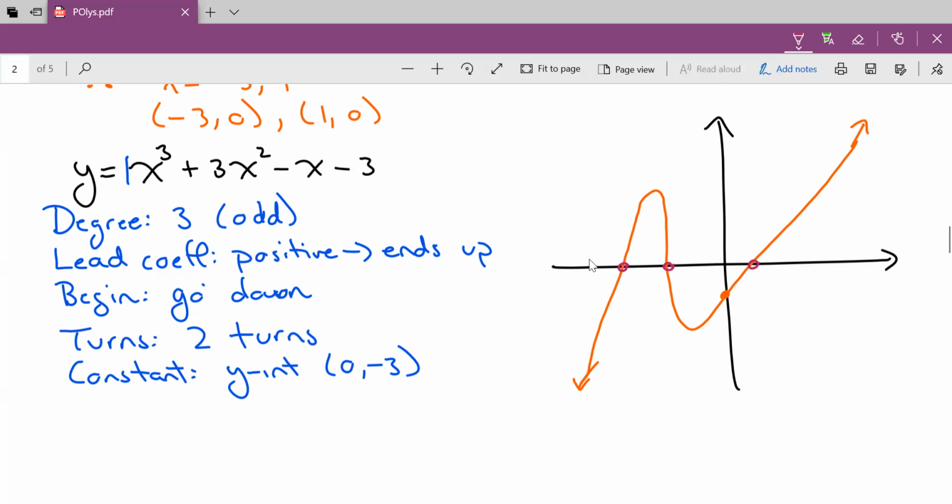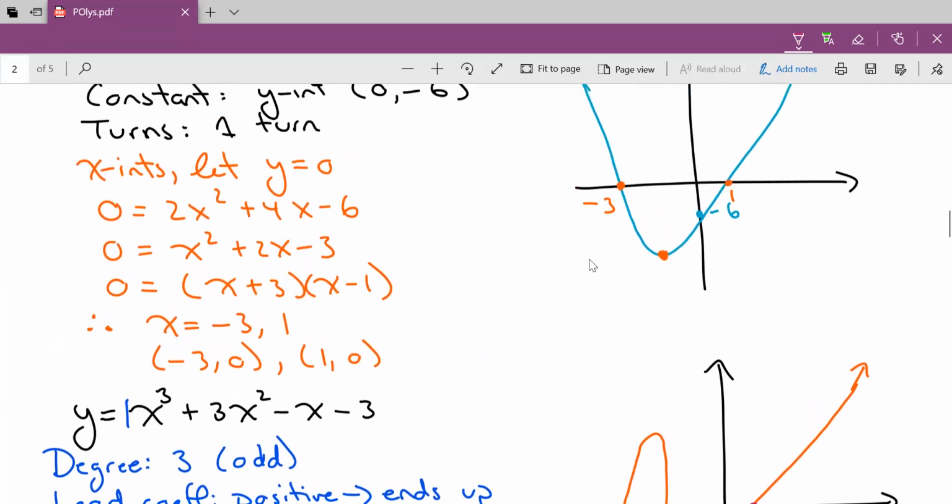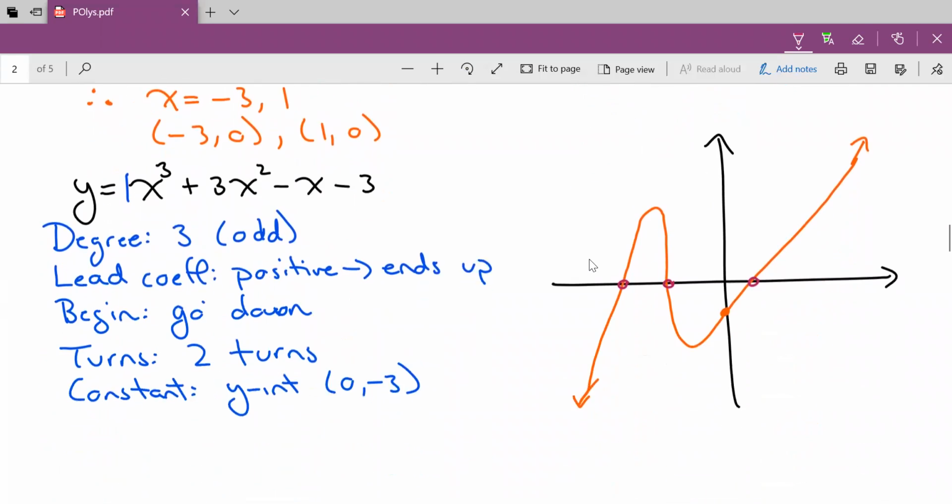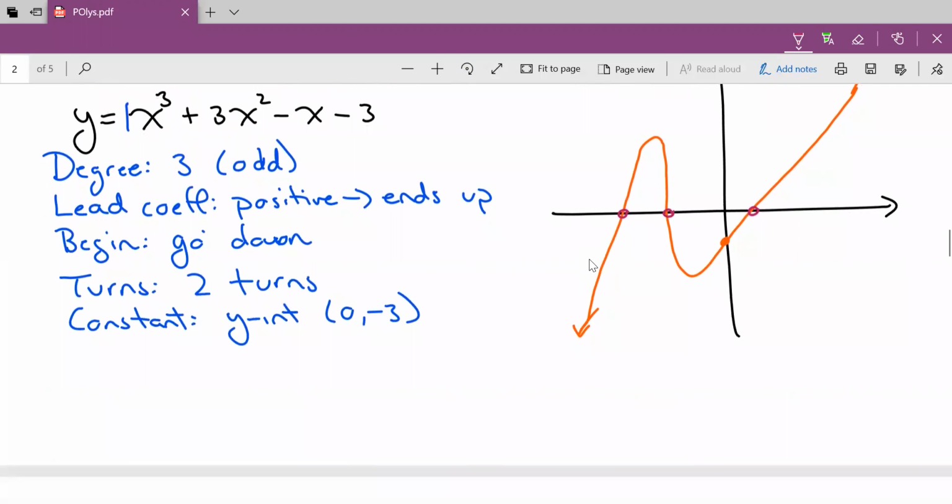So how did we find our x-intercepts in grade 11? Well, we let y equal 0. Let's try the same thing here. We're in grade 12. Let's try the same thing here. So if I want to find my x-intercept, I try to let y equal 0. Okay, wait a minute. How are we going to factor a cubic function?